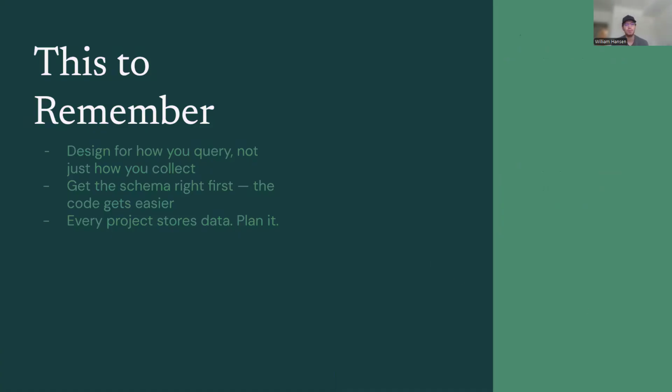So, things to remember. If there's one thing I want you to take away from this, it's to design your database around how you're going to query it, not just how you're going to collect the data. It's really easy to just mirror your input form into a table and move on.